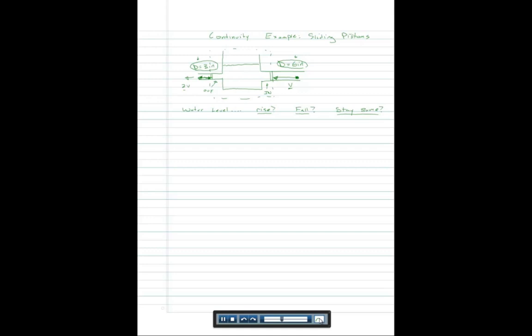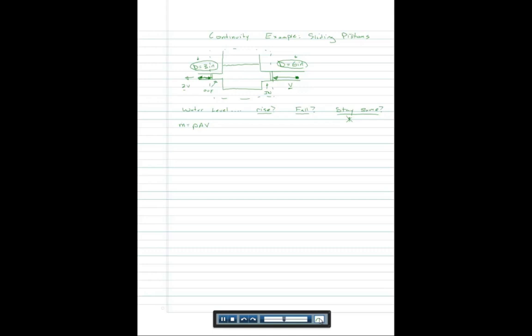Well, the trick to this question, and inevitably I get quite a few students who will say, oh, the water level stays the same because the plunger going out may have twice the velocity, but it's got half the diameter, therefore it all cancels out. But that's not true, because remember that the mass flow rate is dependent on the density, the area, and the velocity, not the diameter.